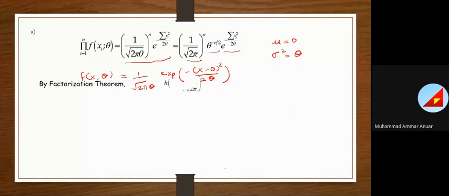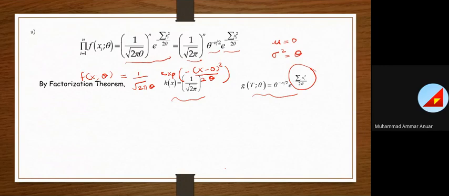So this is your h(x), 1 over square root 2 pi to the power n, and this is your function g: theta to the power minus n over 2 times exponential negative summation xi square over 2 theta. The function of x1, x2, ..., xn that depends on theta is this one. So by the factorization theorem, our function T equals summation xi square, which is a sufficient statistic for theta.